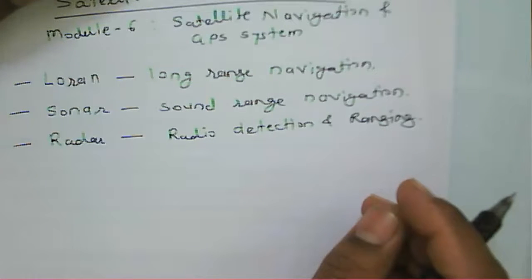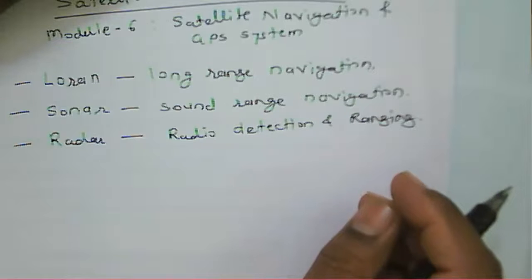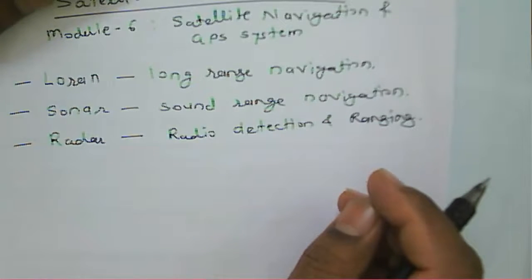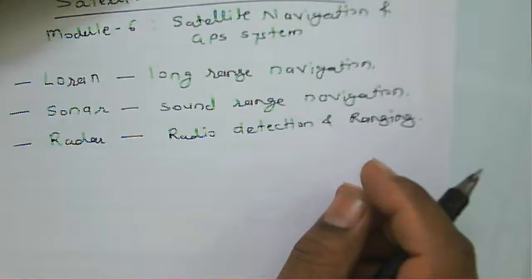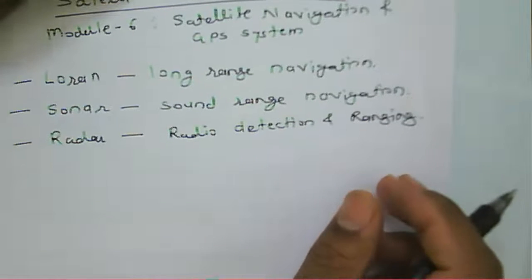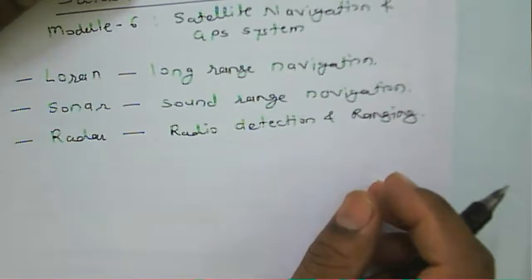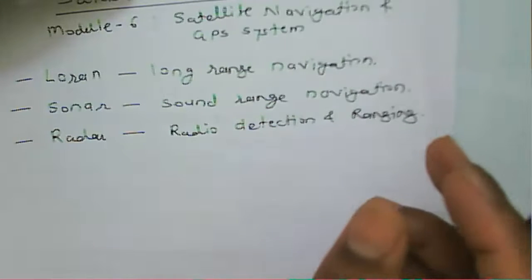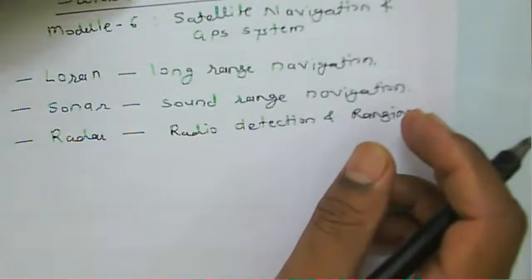So that's why we need to know about the timing component. And for the timing component, various clocks were used, and those clocks are used to measure the timing accurately.